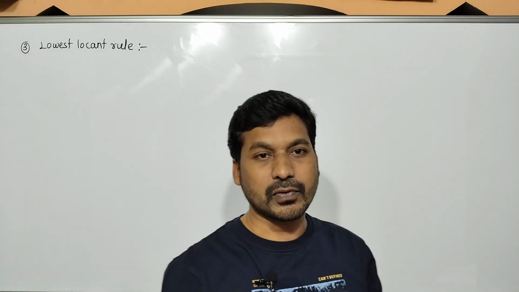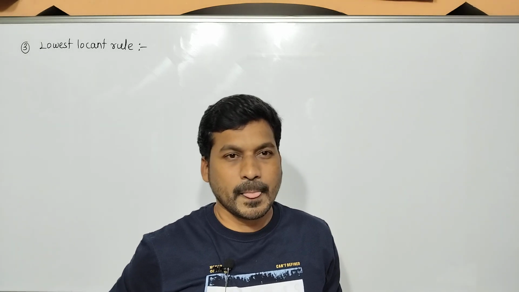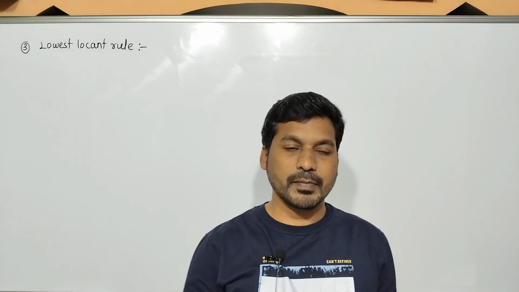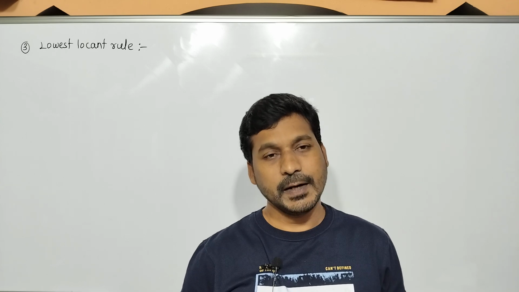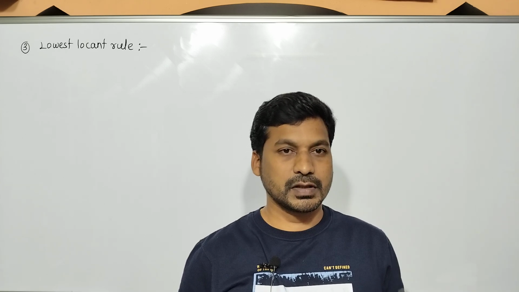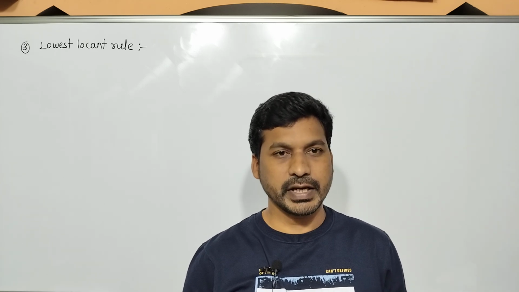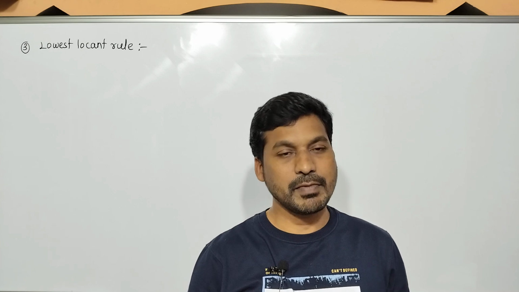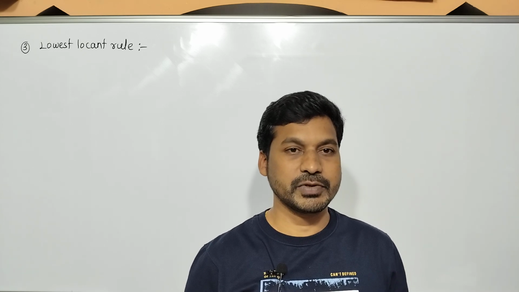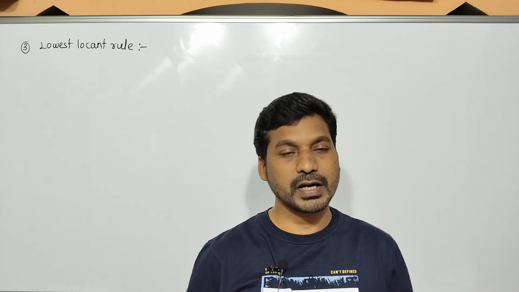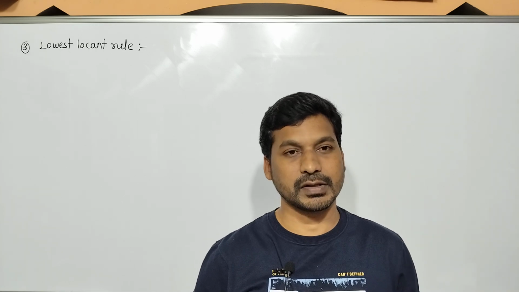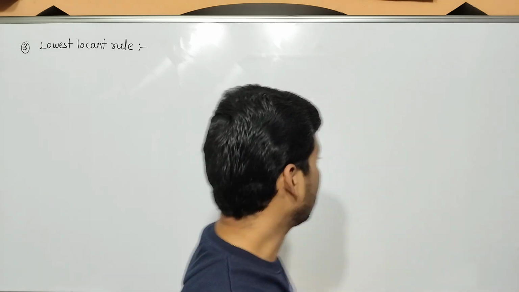What is the lowest locant rule? While numbering carbon atoms of the parent chain, give the minimum number, lowest number, to the substituted carbons. The locant carbon should get the lowest number. That is the rule. So I am writing the rule.